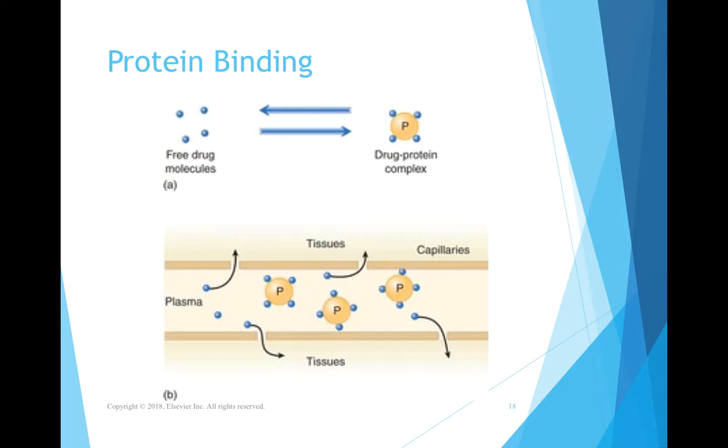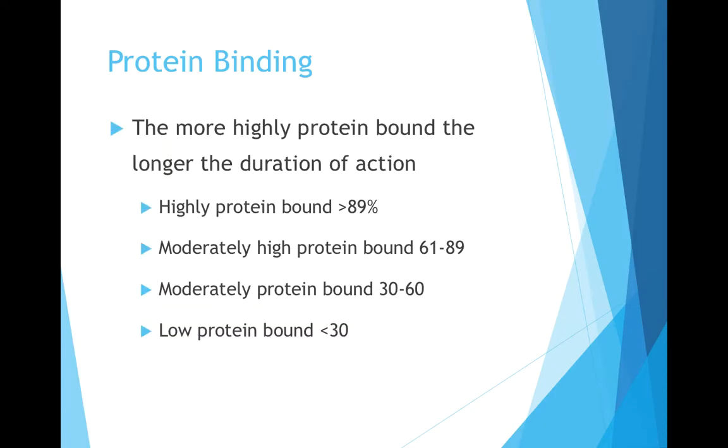Okay, this chart is also in your book, and this just demonstrates for you what it looks like with the protein binding, the free drug molecules along with the protein molecules, and how that affects the available drug to us. So the only available drug are these little blue dots. All the blue dots that are attached to a protein are unavailable for action in the body until they release themselves from the protein and allow themselves to be absorbed and distributed in the body tissues.